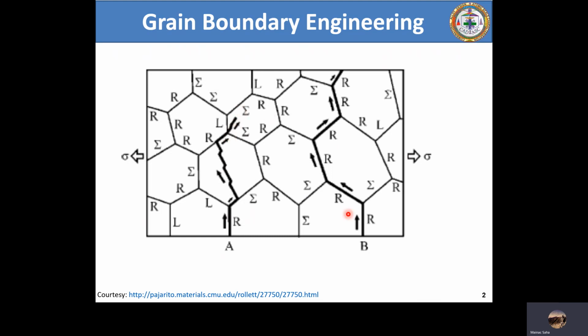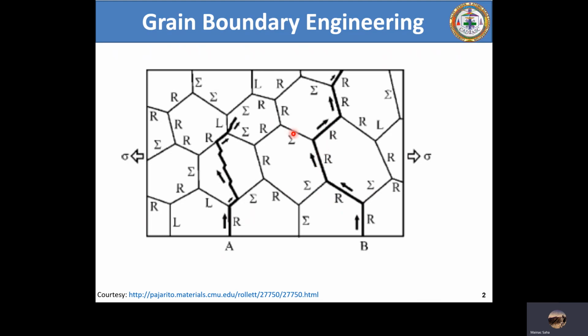Second, if you look at side B, we again see a crack propagating along an R, a random high angle boundary, reaching a triple junction with R and sigma. But sigma has a much lower energy compared to the two R's. The crack propagates along the R, and then along another R, because this is another triple junction between two R's and a sigma.